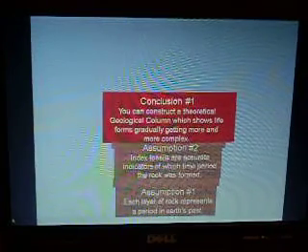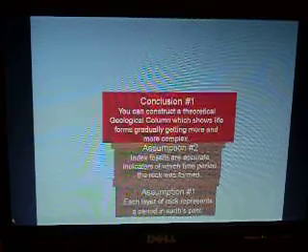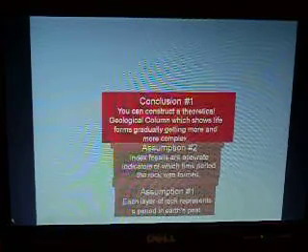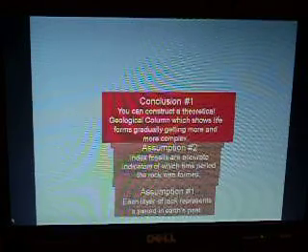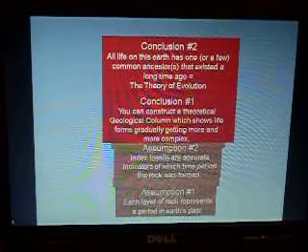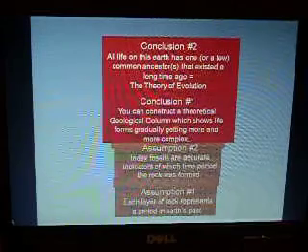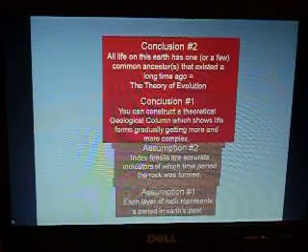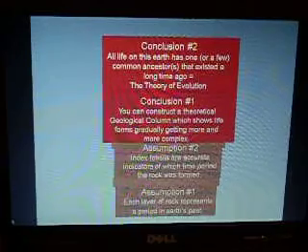If assumption 1 and 2 are correct, it makes a lot of sense to construct that geological column. And if that geological column is constructed, then it's very logical to draw this second conclusion, that all life on this earth has one or a few common ancestors that existed a long time ago, and that is the theory of evolution.